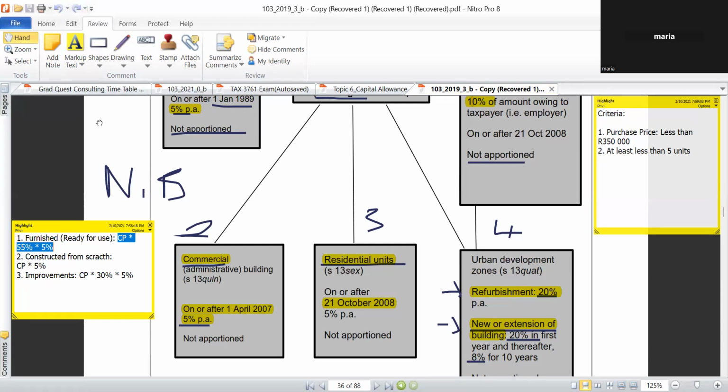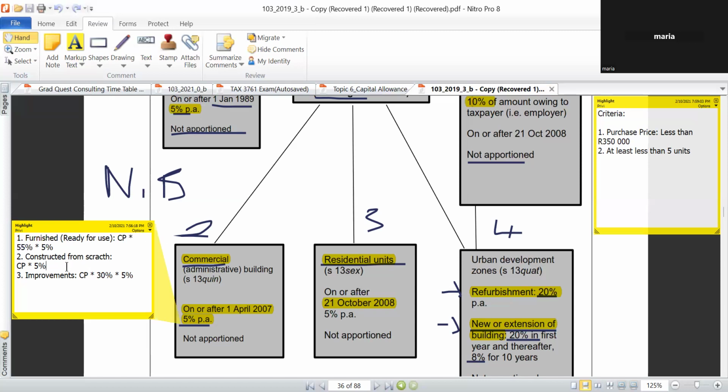So when you're dealing with a question where there's a commercial building, it's very important to pay attention to the details provided in the case study. Are we dealing with a commercial building that is ready to use? In other words, it's something that we acquired and it was already available for use the moment we acquired it from someone else.